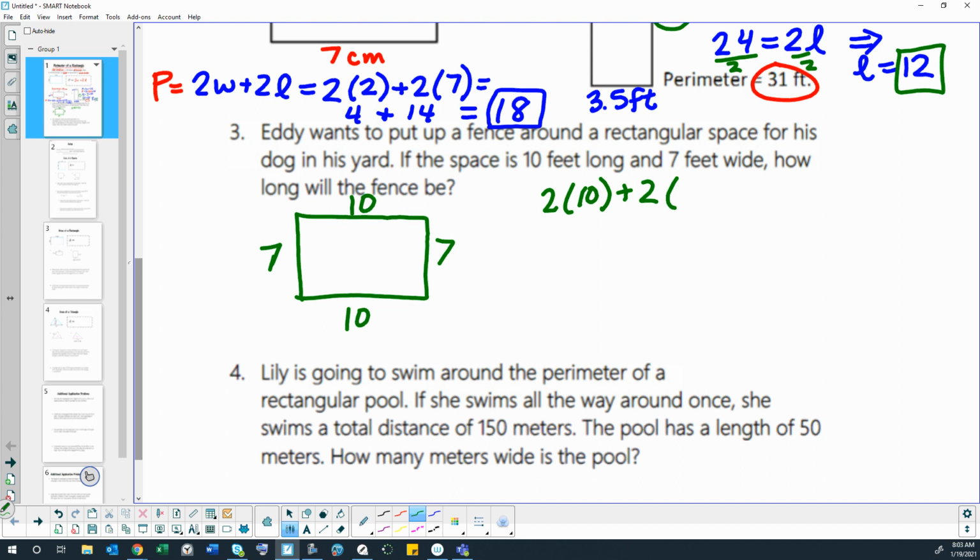Does that matter? But I did length first instead of width first? Does the order I write them down in matter in this case? Nah, it does not. Okay, so 2 lengths is 20, and 2 widths is 2 times 7, which is 14. Add the 20 and the 14 together, I get 34 feet of fencing.